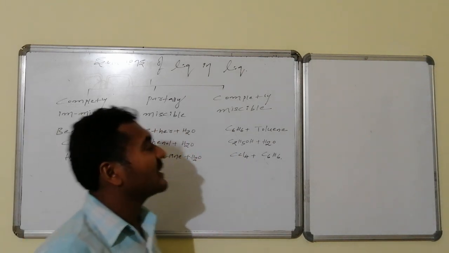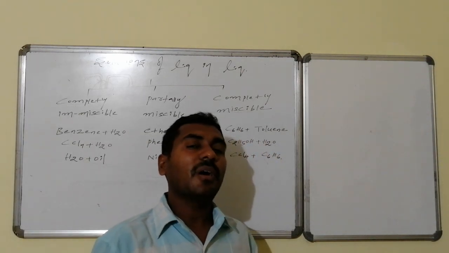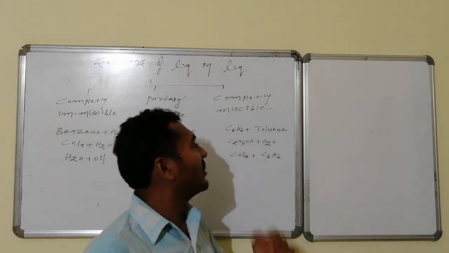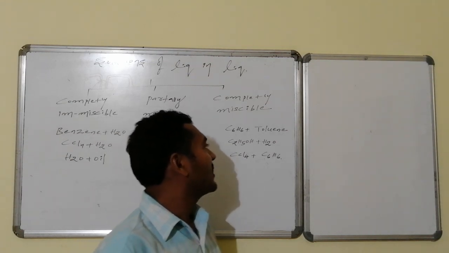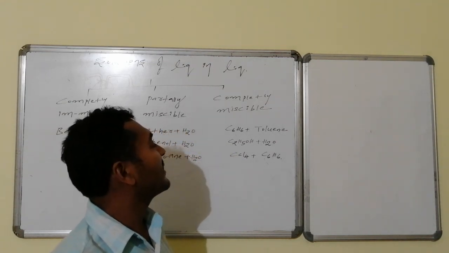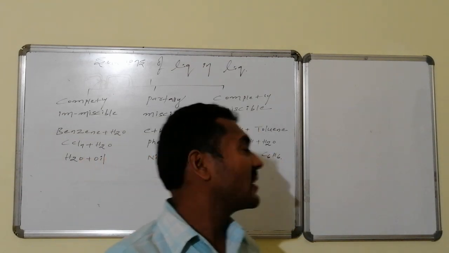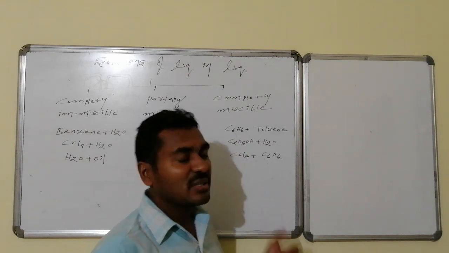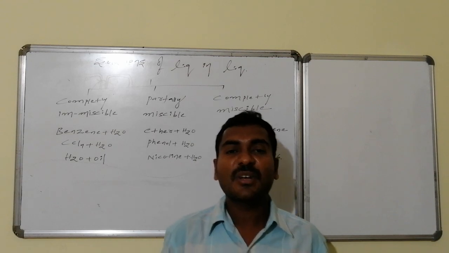The next category is completely miscible under all varieties of circumstances, for all percentages from 0 to 100%, that is benzene, toluene, like dissolves like. Similar nature containing systems, organic versus organic. Similarly here, hydrogen bond formation capacity containing ethanol as well as water, CCl4 and benzene. These are completely miscible. The first case is completely immiscible, and the middle case is partially miscible.